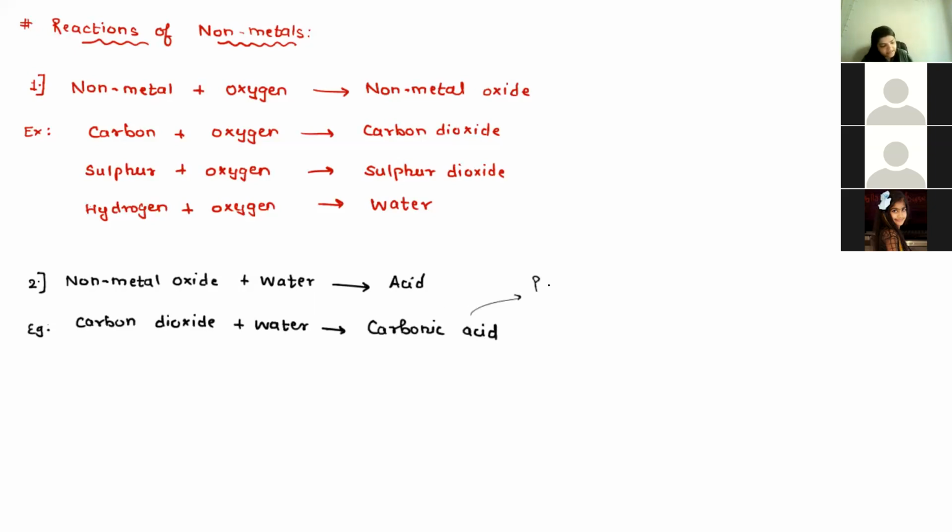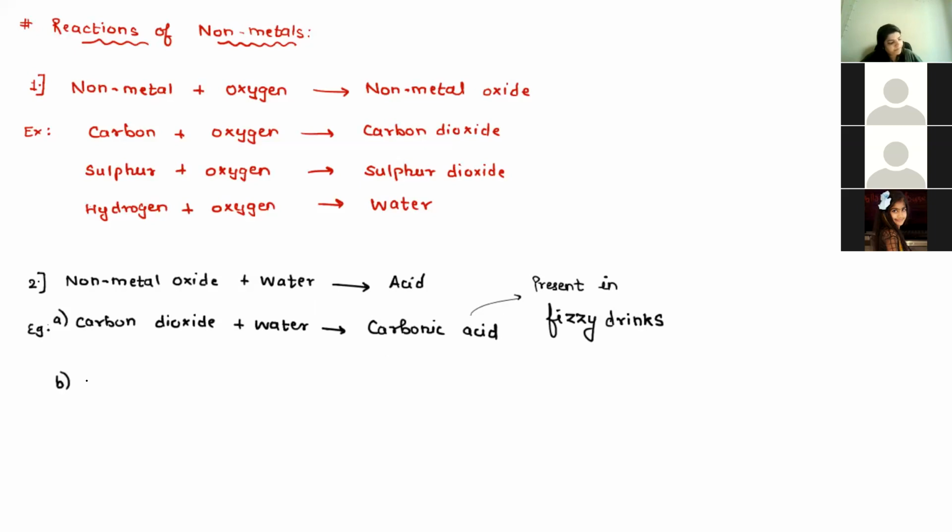It is present in fizzy drinks. So all your Thums Up, Coke, Pepsi, all of these contain this carbonic acid. So it is actually the bubbles which come out when you open any soda bottle or aerated drink, that is carbon dioxide.